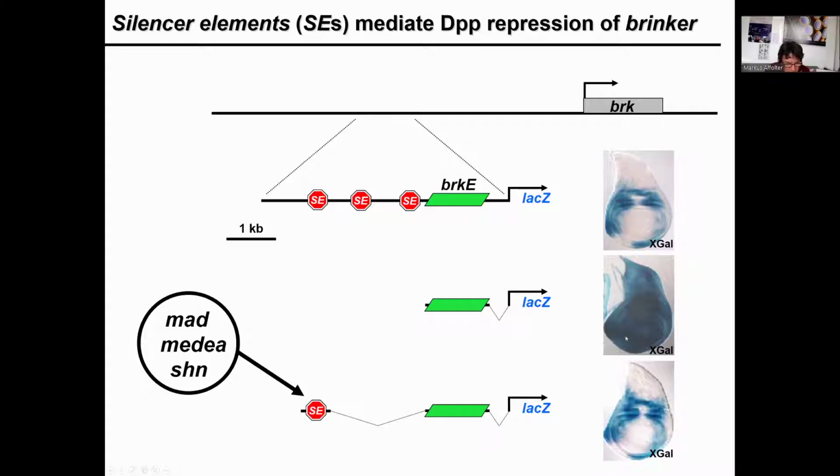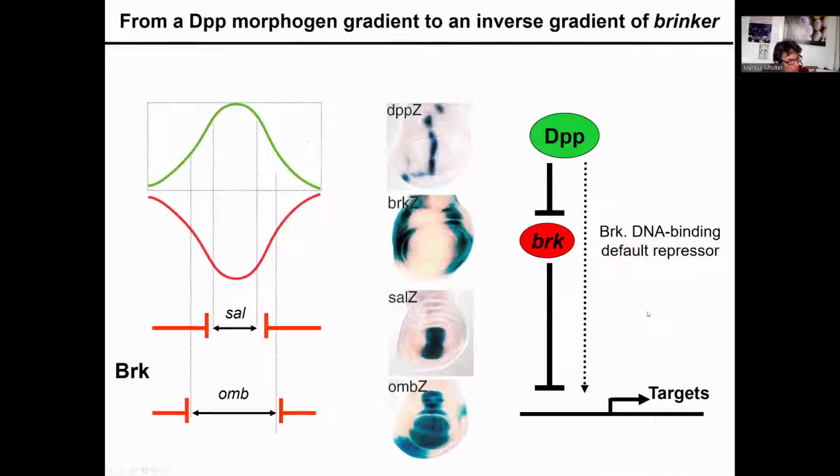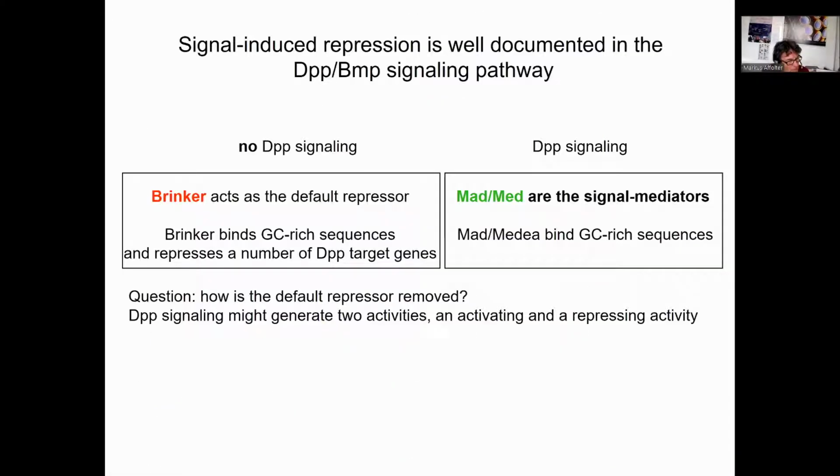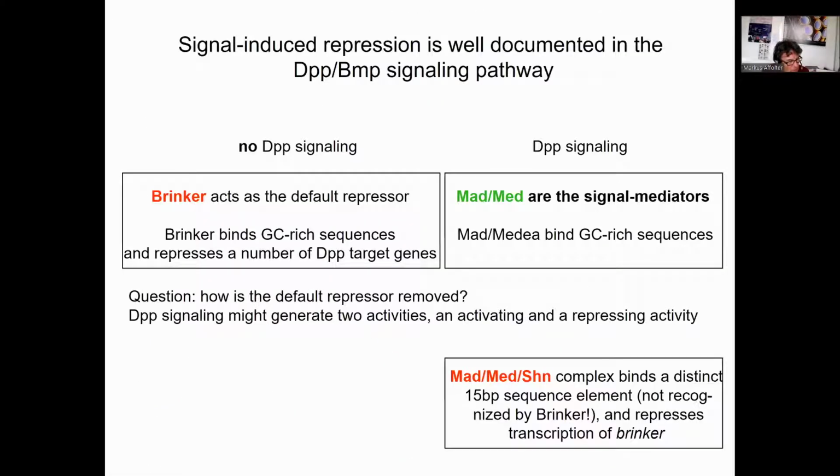So you take this, you add an element that binds MAD, Medea, and Schnurri, and then you repress Brinker transcription here. You require Schnurri for this, otherwise Brinker is everywhere. If Brinker is everywhere, DPP signaling cannot be activated.